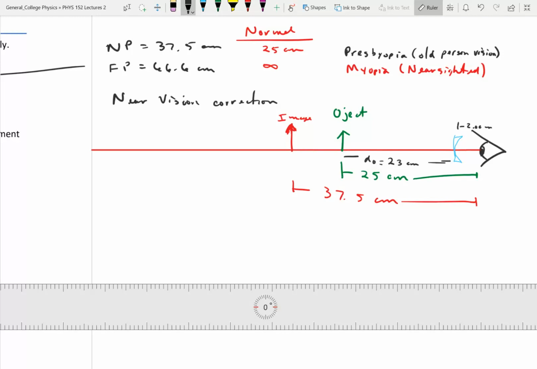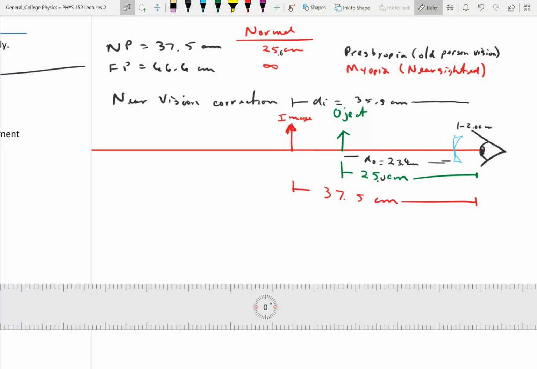And let's see. In this, well, I should have put 25.0 there. 25.0, so 23.0 centimeters. And then the distance image is the 37.5 centimeters minus 2 centimeters. So 35.5 centimeters.